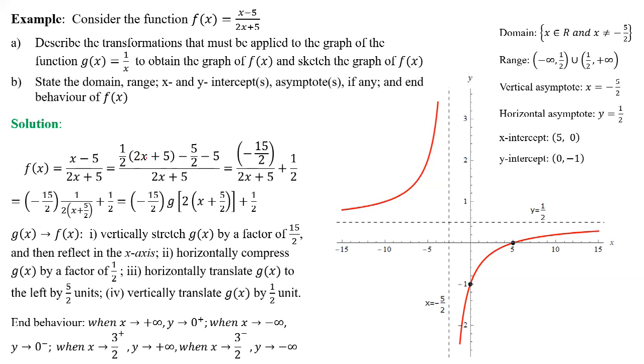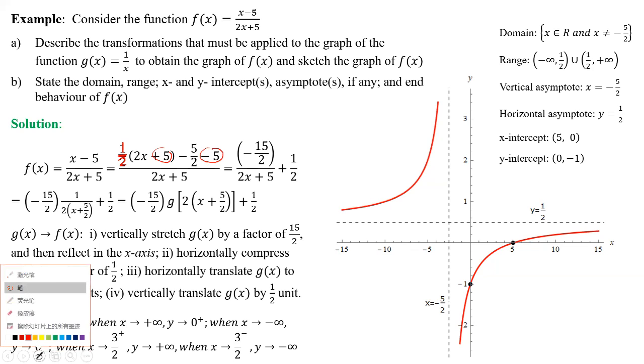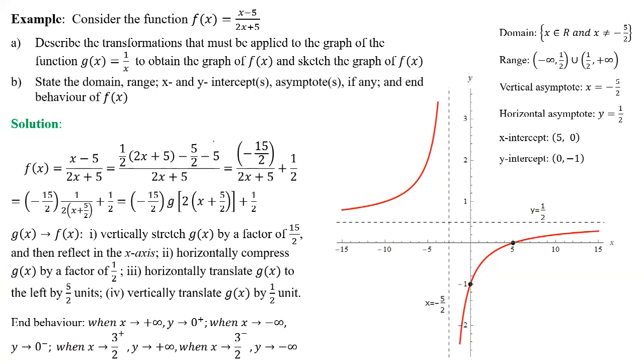So if we put a 2x plus 5 here, in order to get the x minus 5, we need to compensate with a factor of 1 over 2 first, and then if you put a 1 over 2, you have an additional 5 over 2, right? So you need to subtract the 5 over 2 and then put the minus 5 in the original expression. So in this way, f(x) is rewritten in this way, right?